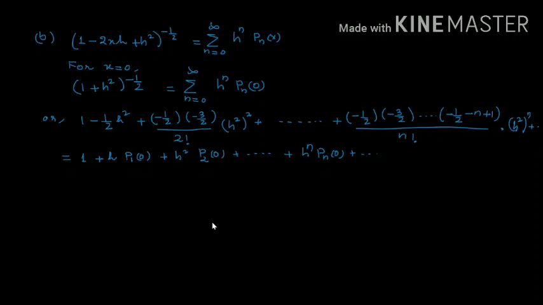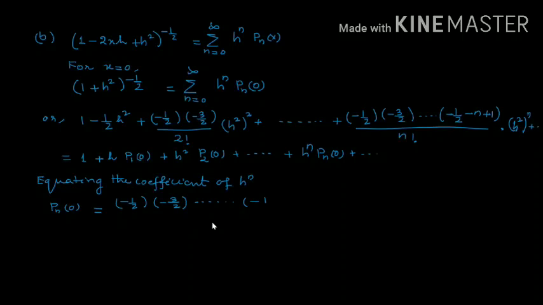Now equating the coefficient of h to the power n, we have Pn of 0 from the right hand side. The coefficient of h to the power n is Pn of 0, that is equal to minus half into minus 3 by 2 up to minus half.